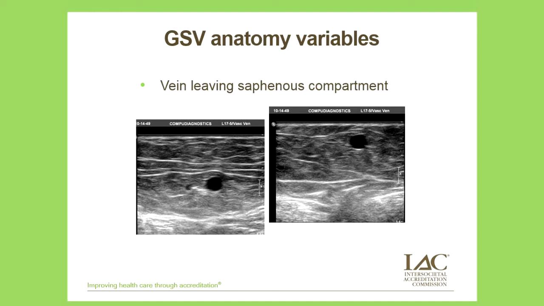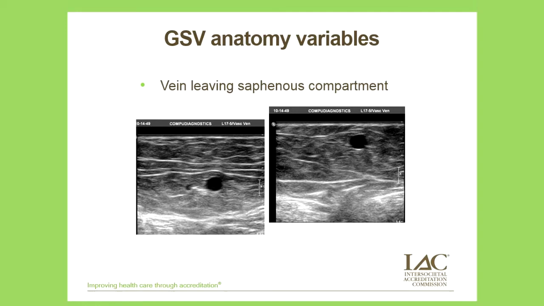And here's an example of why, because this is a superficial vein leaving the compartment. Sorry, I'm not very good at this. I was going to show you that the little circle there is actually the great saphenous vein, and the larger vein that's coming out of that fascia is the tributary vein.